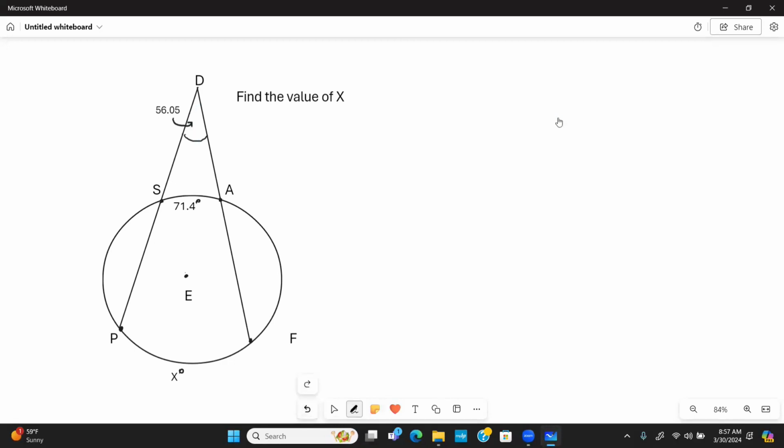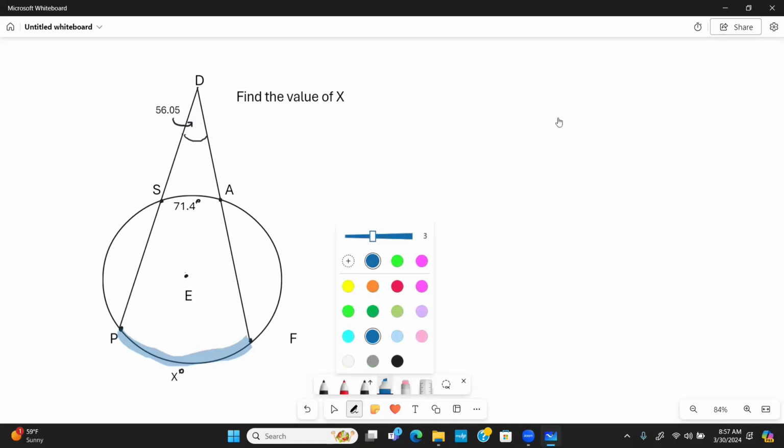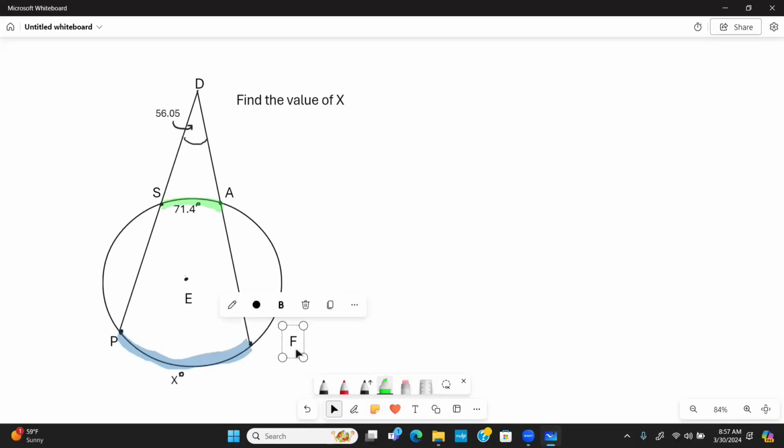Now let's highlight those arcs. One, we have an arc PF, this here, and we have another arc, which is the smaller one, SA. So those are our two arcs right there. So now the theorem says it's going to be the bigger arc minus the smaller arc.